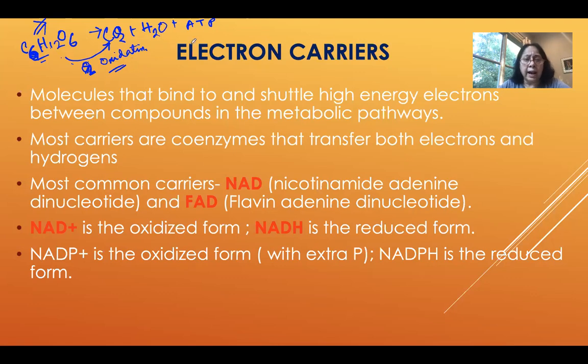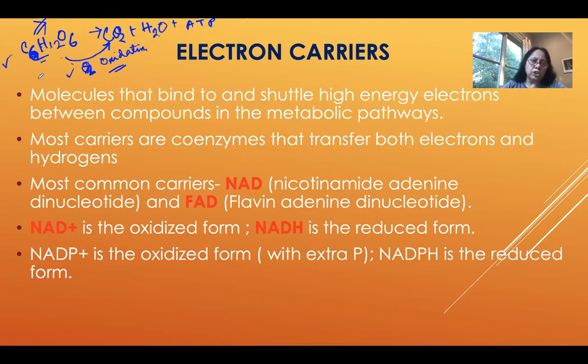Now here, ATP, glucose, and oxygen, you can say they are the heroines of the main scene. Okay, now these electron carriers are behind the scenes, actors and actresses. So the main event is that glucose is going to break down into carbon dioxide and water.